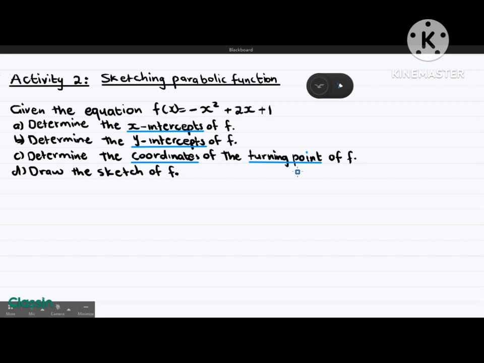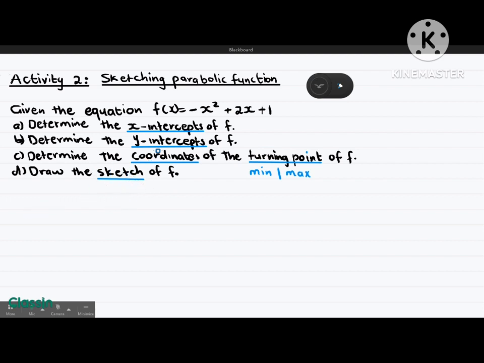Always remember that a turning point is actually our minimum or our maximum. I will highlight the minimum and the maximum once we are done sketching. So we need these three things in order to end up having a sketch.